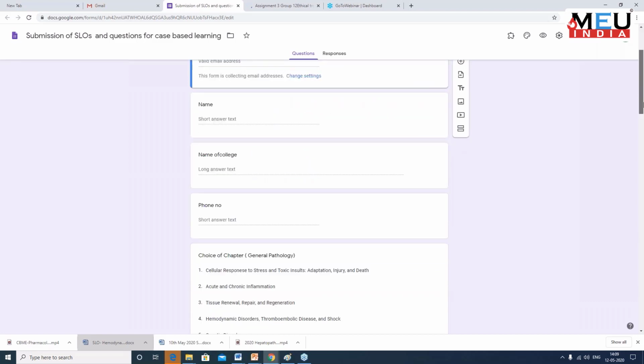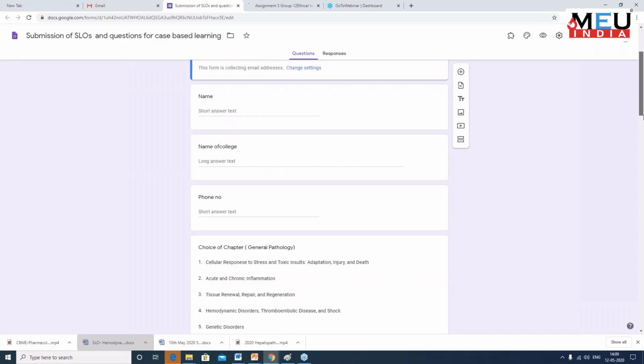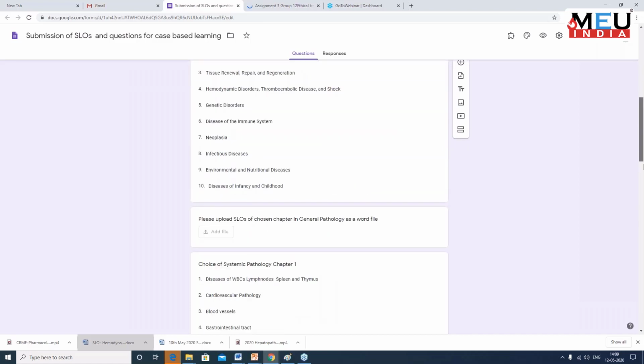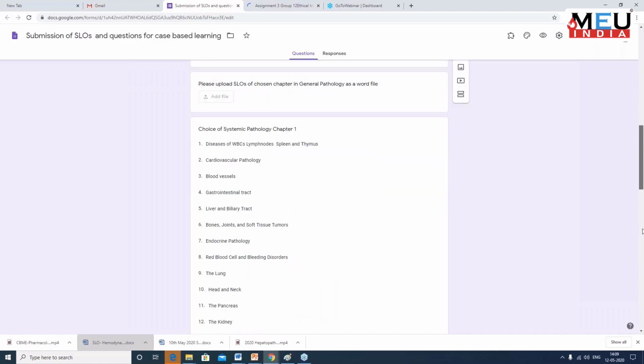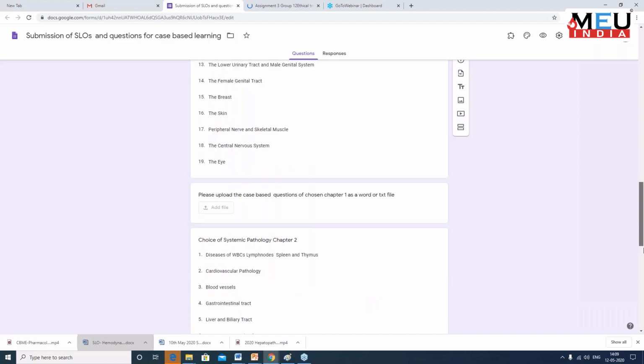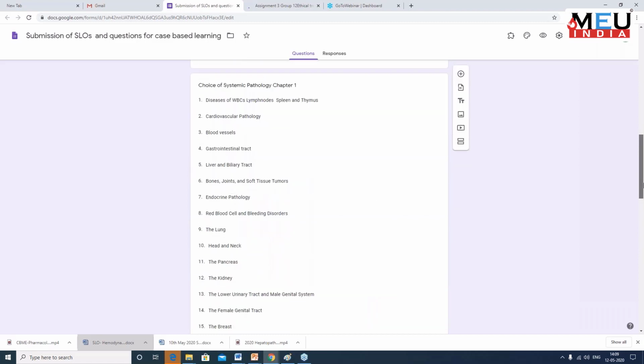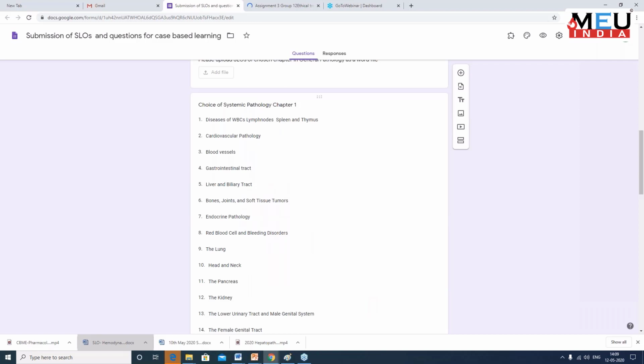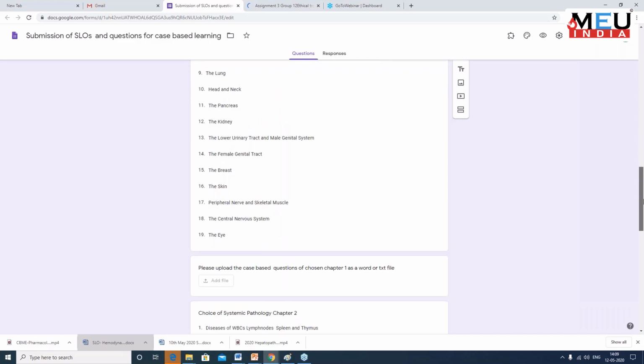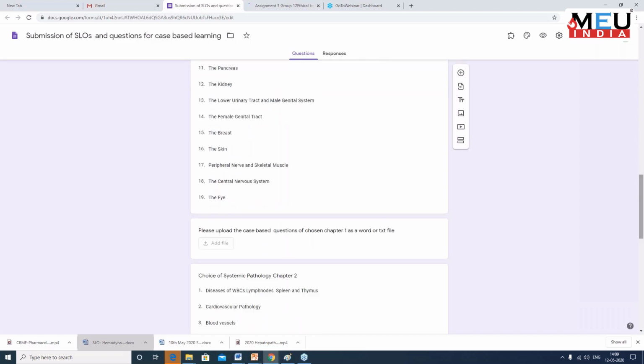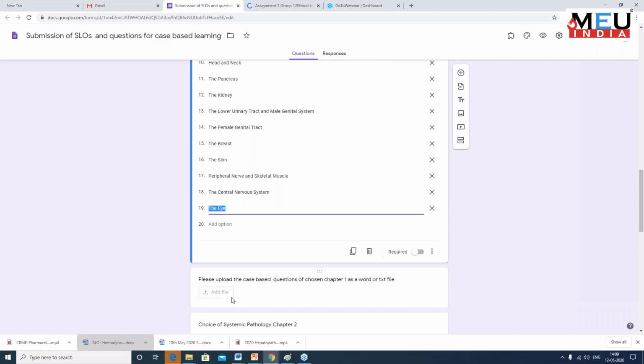All of you have chosen one chapter in general pathology and two chapters in systemic pathology. All these chapters are already written there. You just have to choose one. There is a drop down menu here, and a facility for file upload. As a Word document or text file, you can upload your case-based questions as well as SLOs.